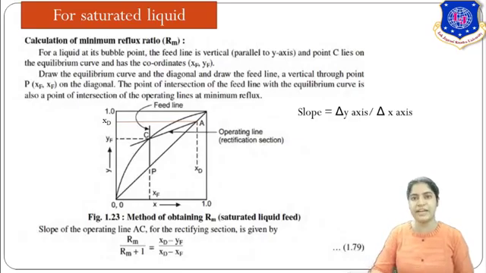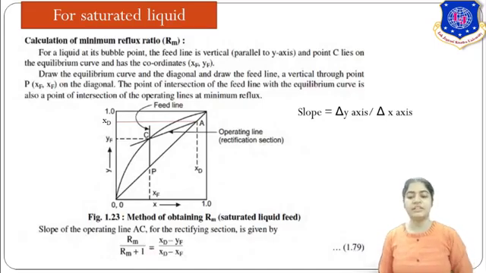From 0.5, that is P, I will draw a vertical line. And point C, what is it? It is the intersection of the operating line of the rectifying section and the feed line. So the point of intersection of the feed line with the equilibrium curve is the intersection of the operating line at minimum reflux. That C point shows you the minimum reflux condition.